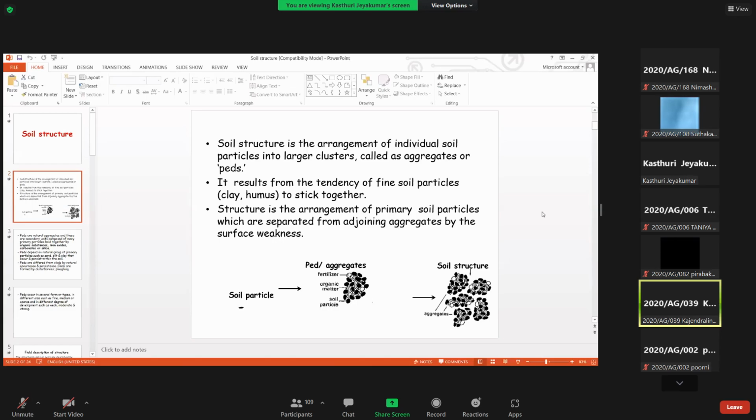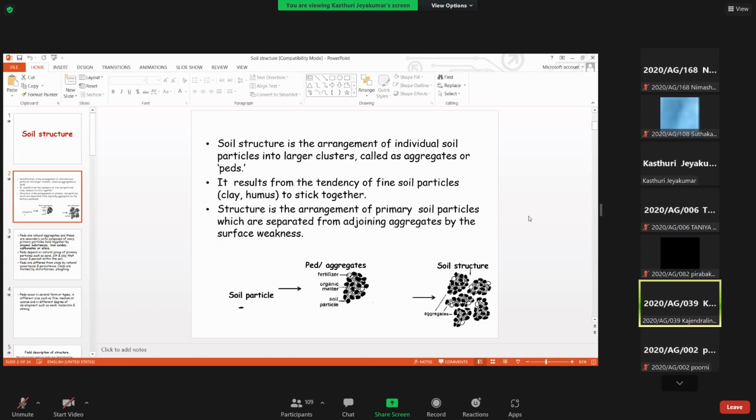It results from the tendency of fine soil particles, clay and humus, to stick together. The structure is the arrangement of the primary soil particles.